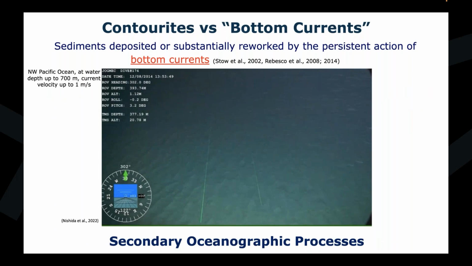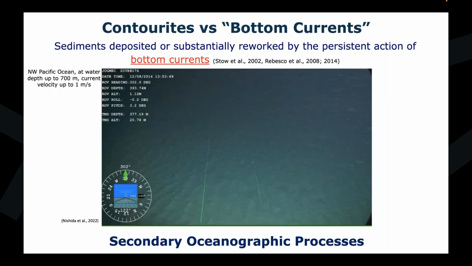So there are a number of secondary oceanographic processes like internal waves, internal tides, eddies, etc., enhancing or modifying the background geostrophic current, the thermohaline system. And most of these secondary processes are very energetic.